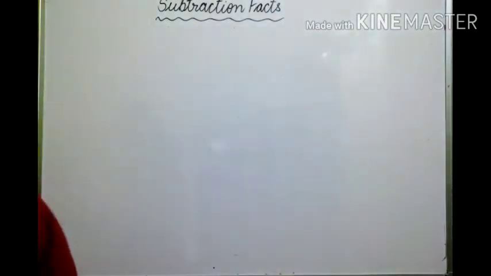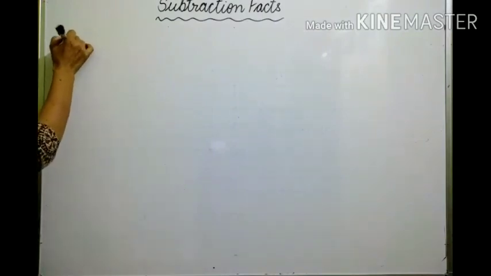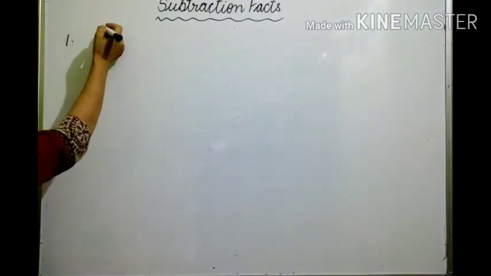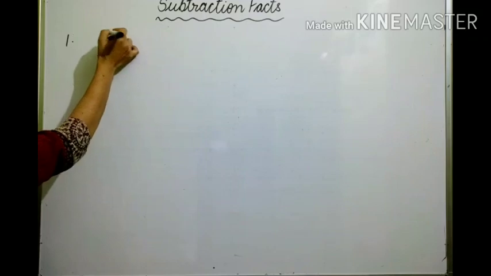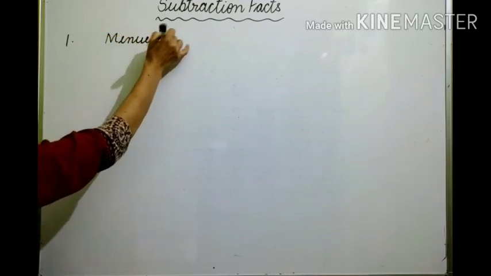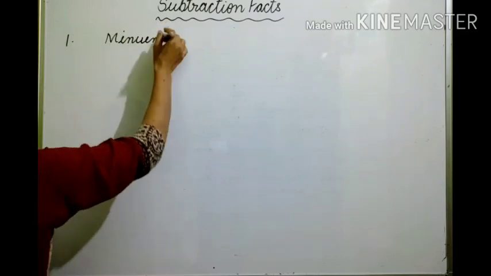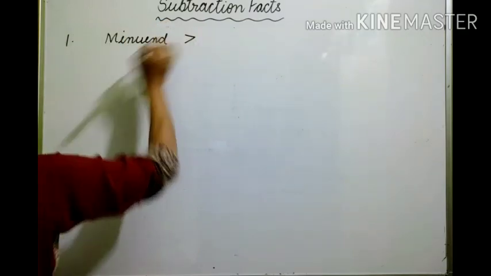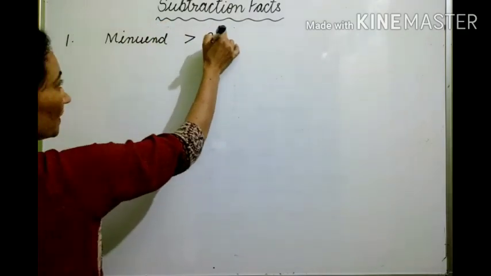So the first rule is minuend should be greater than subtrahend.